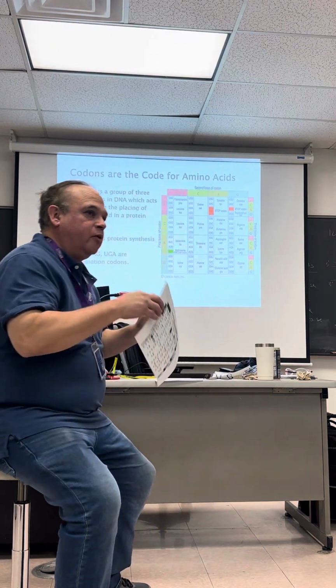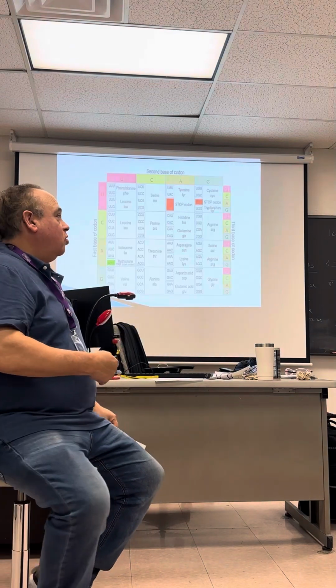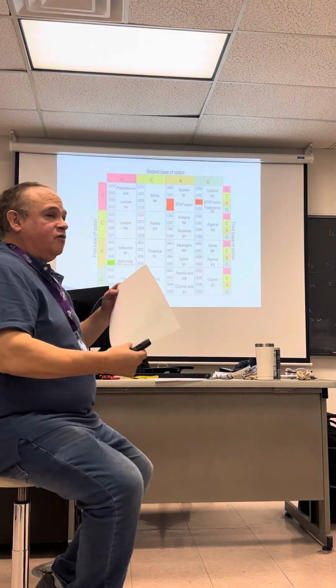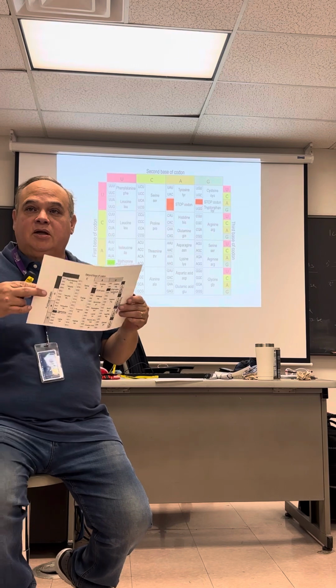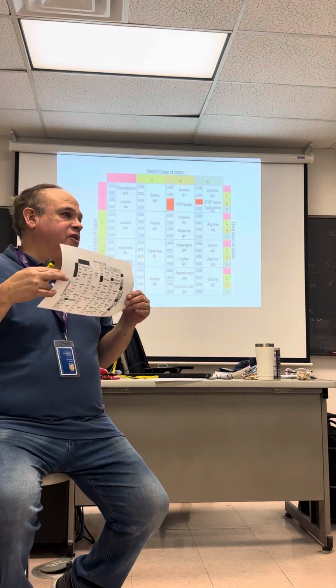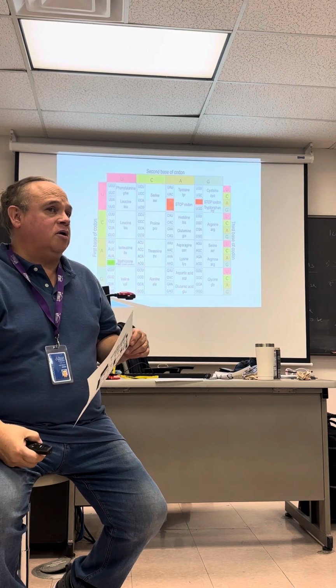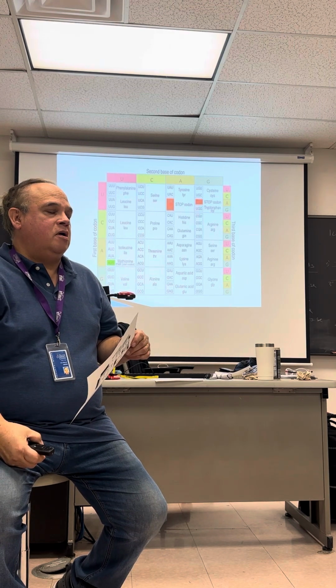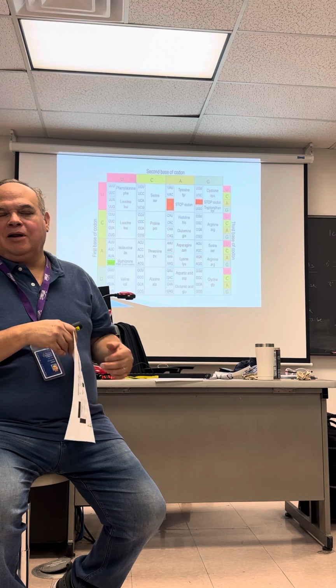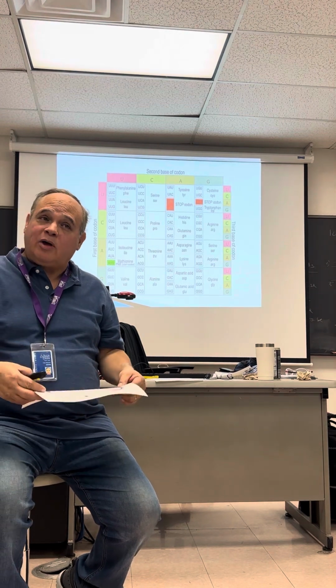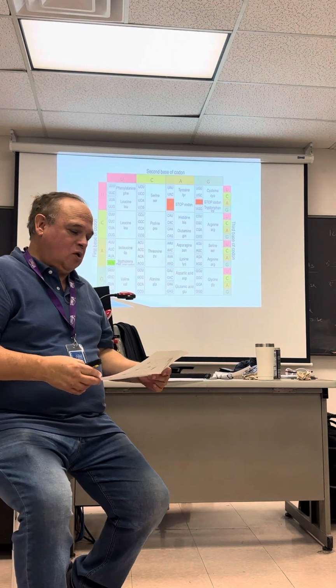This is my favorite codon table, and this is what you'll get on the exam. You'll have this for your use. You can also bring a calculator if you want, but I'll show you why you don't really need one.